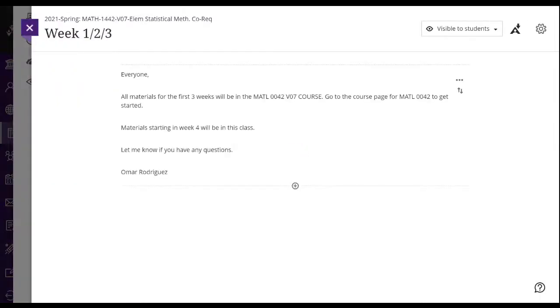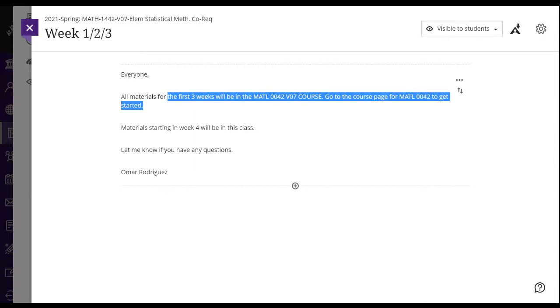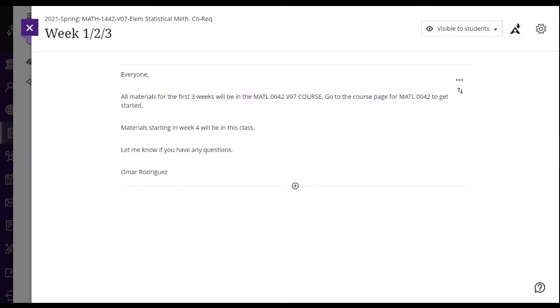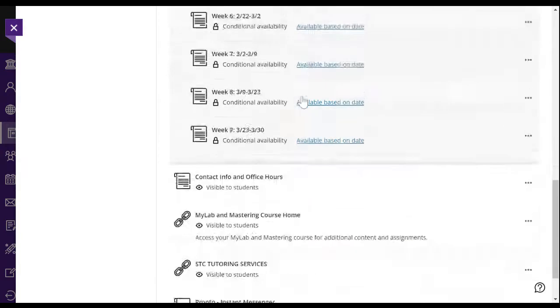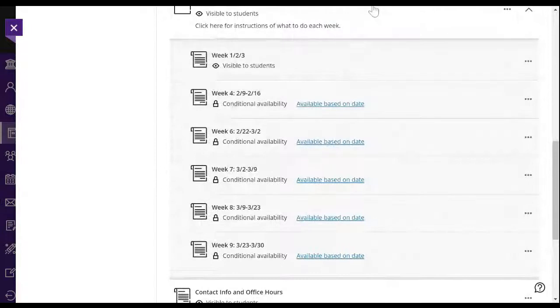Even if you clicked on week 1, it would tell you that for the first 3 weeks everything is going to be in that class, and materials starting in week 4 will be in this class. Week 4 and on is going to be over here. We're going to do one more thing in that other class, but it'll be the last week in April, first week in May. So we won't do anything in that class for a long time. It'll just be sitting there, but y'all don't need to worry about it. Everything y'all should be doing should be in this class here.